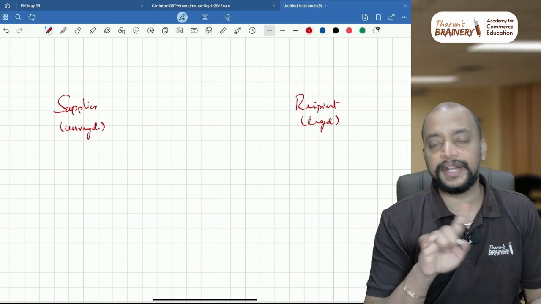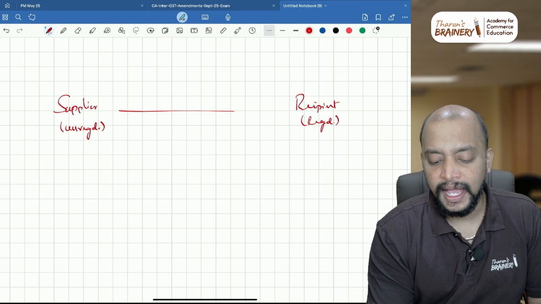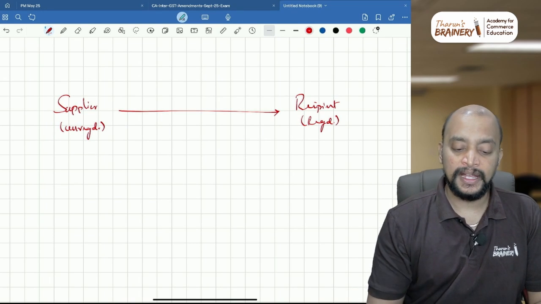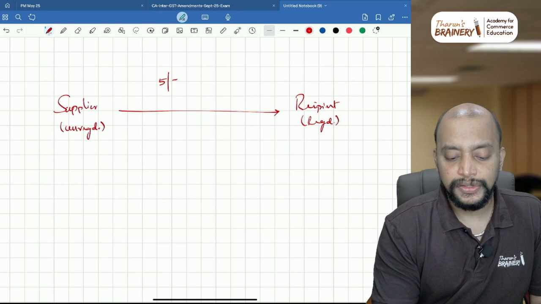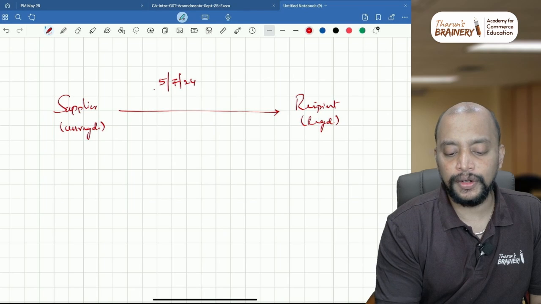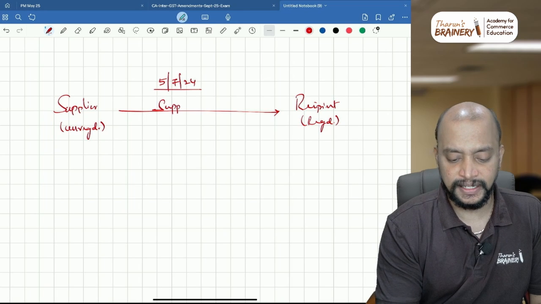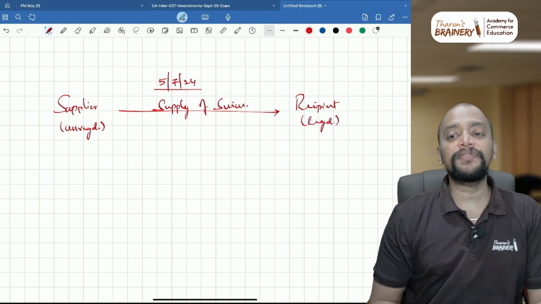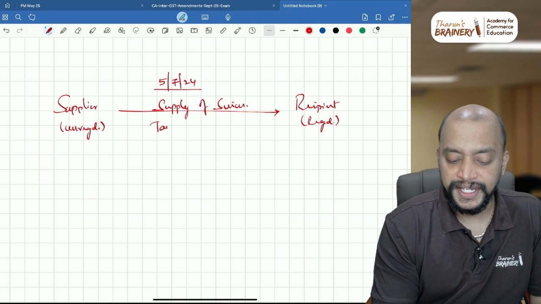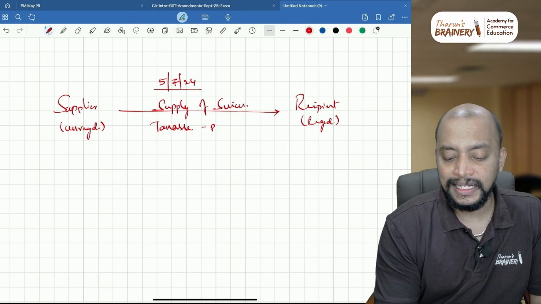The supply is made on, say, 5th of July 2024, supply of services on 5/7/2024, which is taxable under RCM.